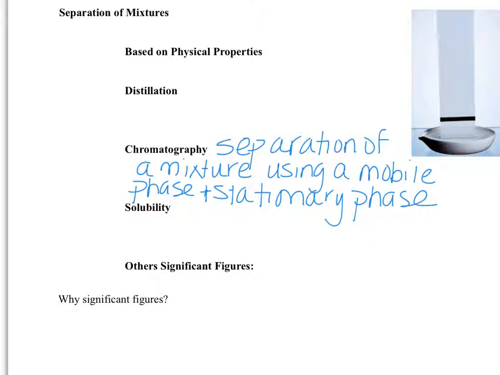If you have a graduated cylinder, let's say, that goes up by ones, right? What if the meniscus is between two lines? What do you have to do? You have to estimate. What I estimate and what you estimate are going to be two different things.